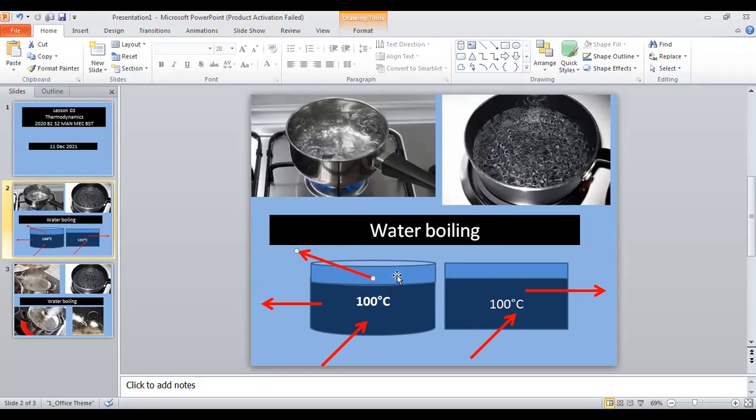So there can be numerous ways of losing heat. Side view also. Let me mark it, losing of heat.